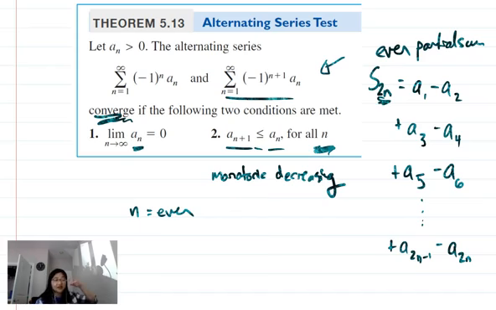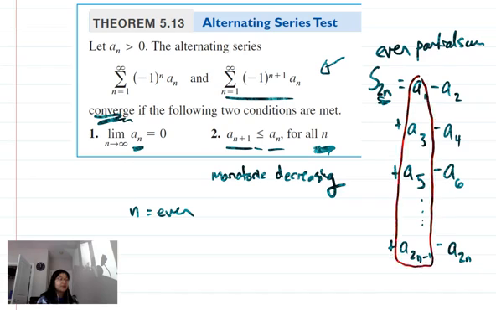Now we take this sum and group it together. Because of the commutative property of addition, we can add all of these up and group all of the subtractions together.